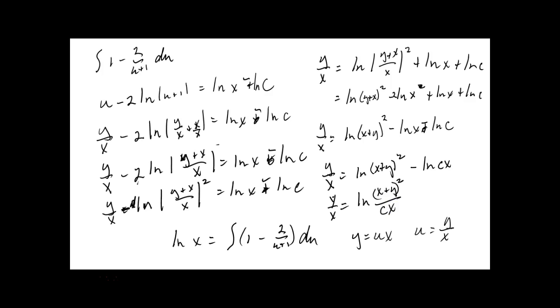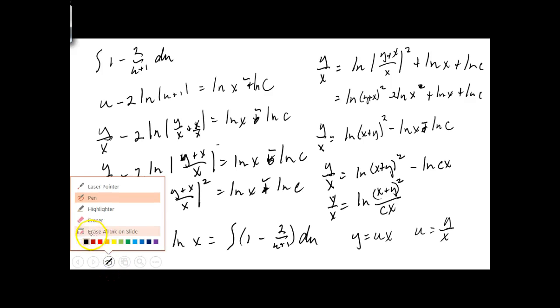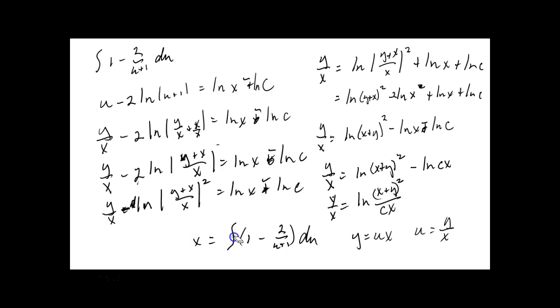Now I can exponentiate both sides. I think I'm doing it in time. But I'm out of room again, so I don't think I need this bottom line anymore. I sure hope not, but you've got it written down so we can retrieve it if we need it. So let's exponentiate both sides.